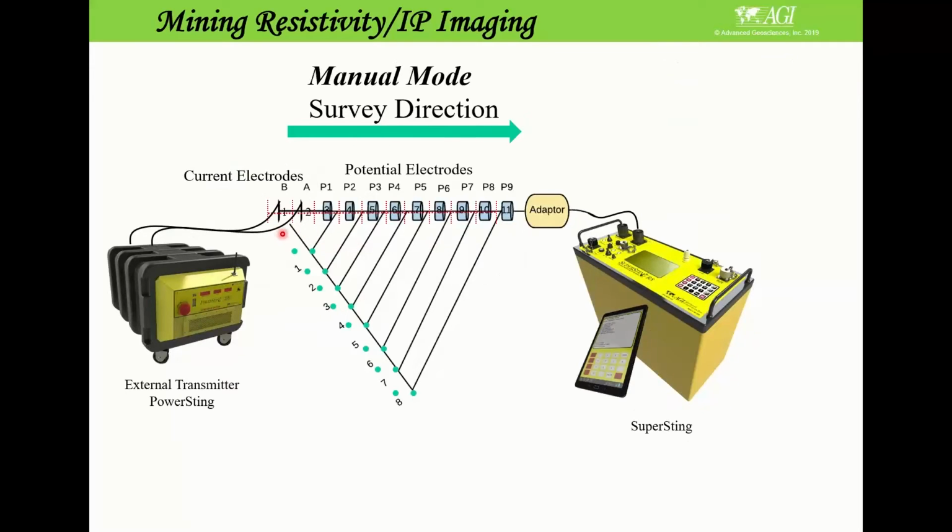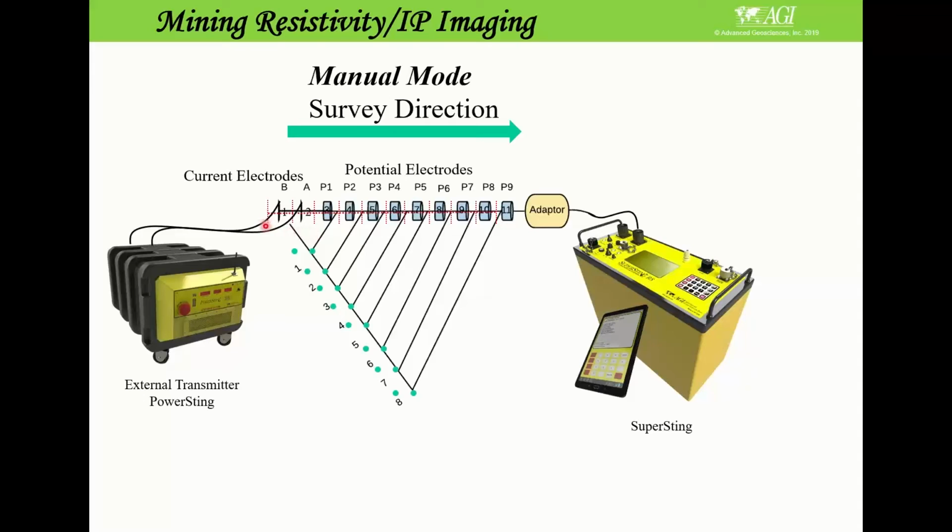For the next one, you move either skipping one electrode or moving by half an electrode spacing. Generally, I have seen people doing this with dipole or pole-dipole surveys. In a dipole or pole-dipole survey, you can do this kind of 8 levels of measurement.